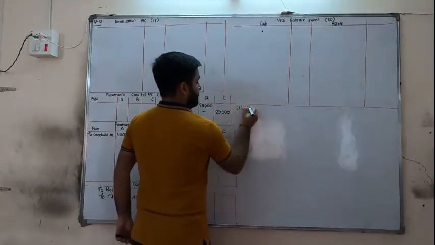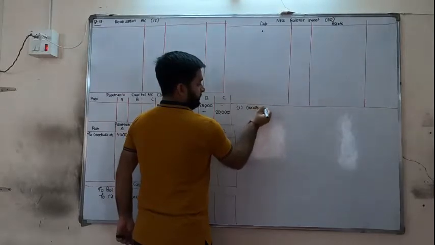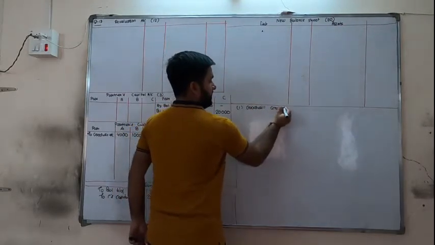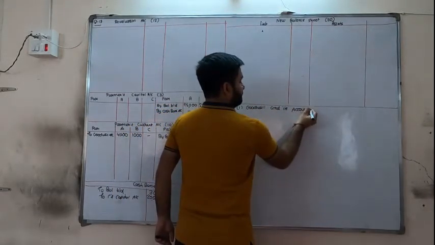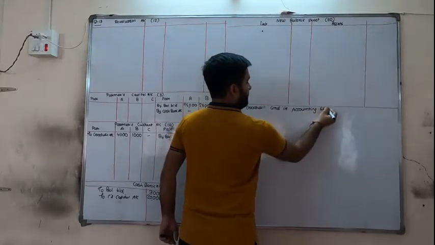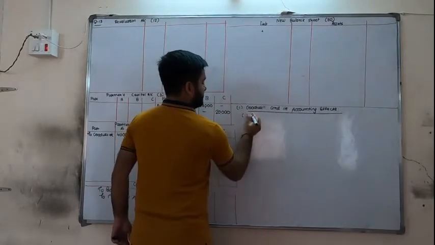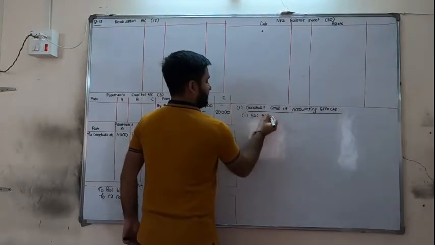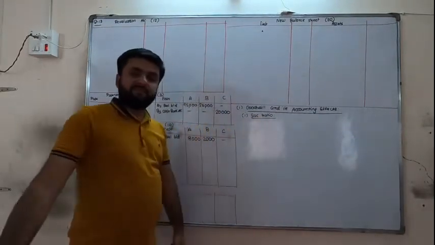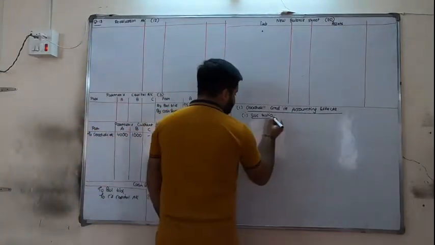In the first calculation, goodwill and its accounting effects. The first necessary calculation is the sacrifice ratio. As you know, new and old both are given.